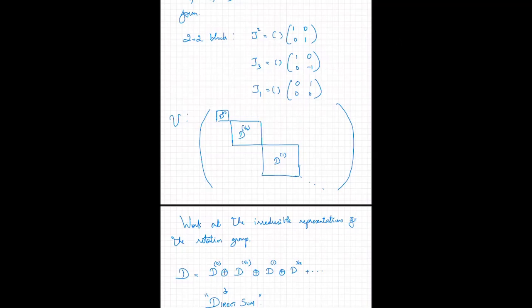The second 2 by 2 block simply acts on the two vectors 1/2, 1/2 and 1/2, minus 1/2. The third 3 by 3 block simply acts on the three vectors 1, 1, 1, 0, 1, minus 1, and so on and so forth. Because everything else here is 0, there is no mixing between, let us say, the 1, 0 state and the 1/2, minus 1/2 state. Such a mixing is not possible. The form of this matrix guarantees that. So this is the advantage of the block diagonal form. We will stop here for now, and we will continue tomorrow.